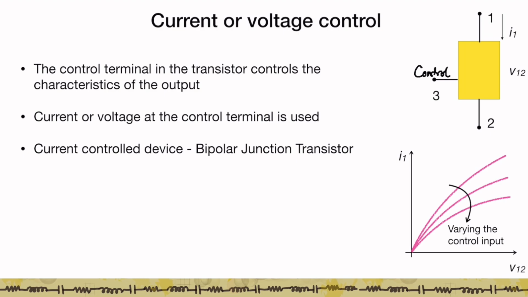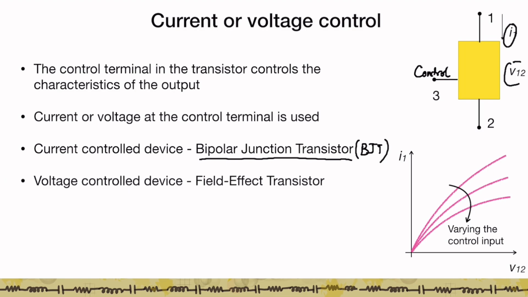I see that I'm able to control the current I1 or the voltage V12 by changing the voltage or the current on terminal 3. An example of a current control device is the bipolar junction transistor, or the BJT for short. A voltage control device is the field effect transistor, which is what we'll talk about in some of the classes later on.